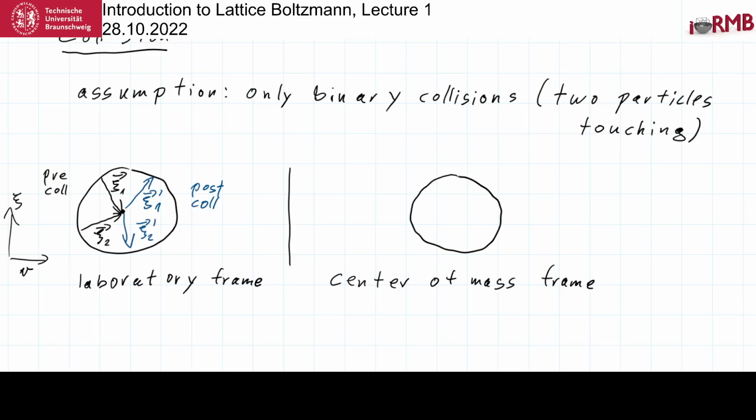So in the center of mass frame we are now moving with the average velocity of these particles. When we are moving with the average velocity of these particles, something very interesting happens. They never come at a strange angle, right?